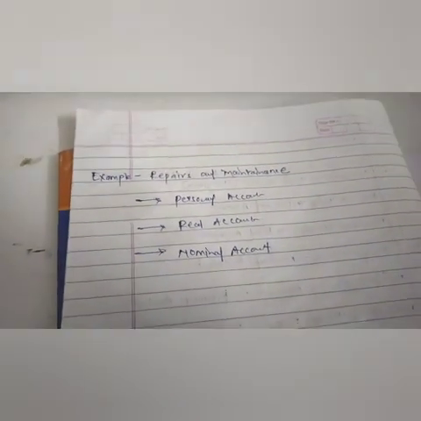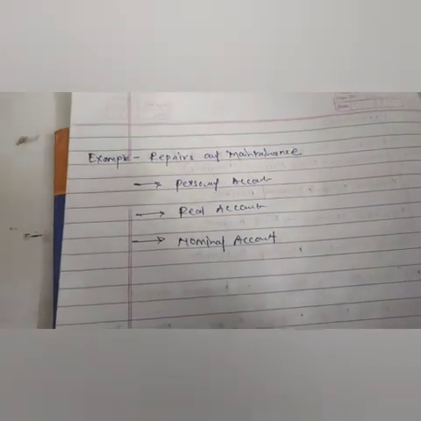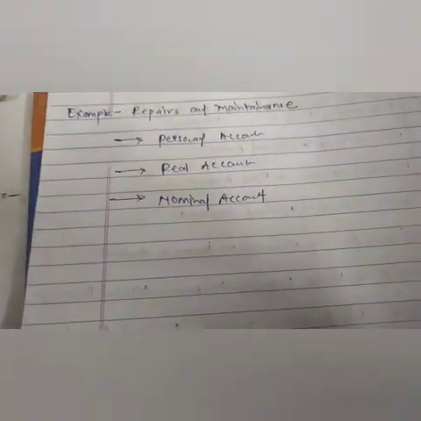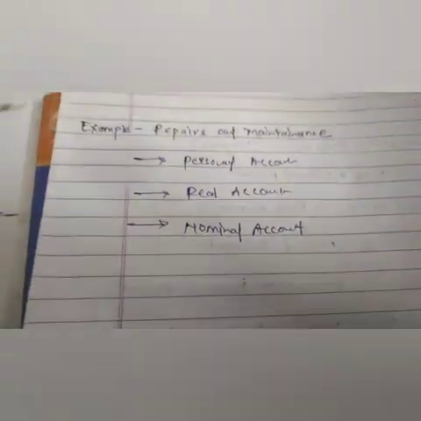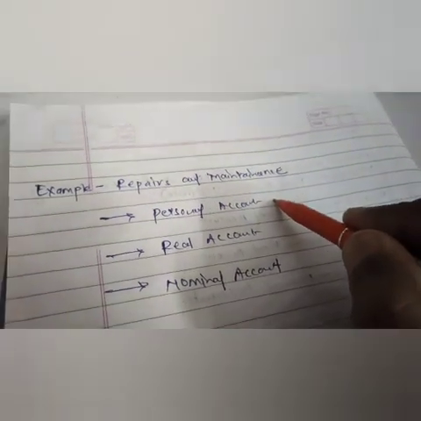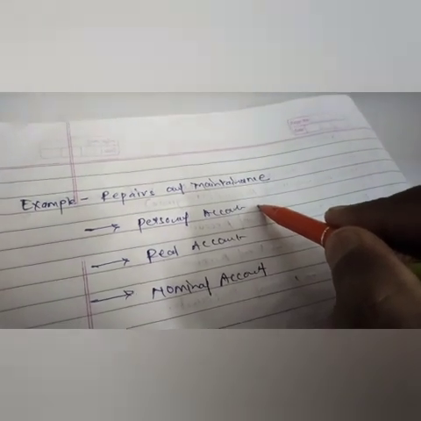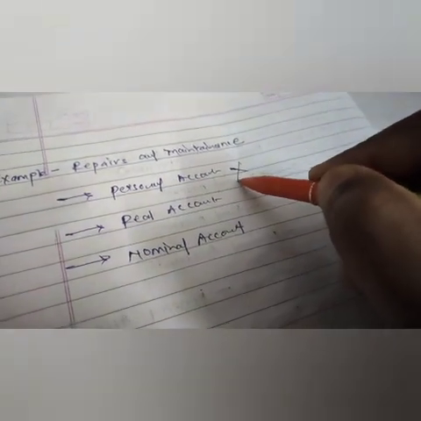If you know this concept thoroughly, let us examine this example: the repairs and maintenance, whether it is a personal account, real account, or nominal account. You have to justify your answer. Repair and maintenance, whether it comes under the personal account, yes or no? No, it is not a personal account.